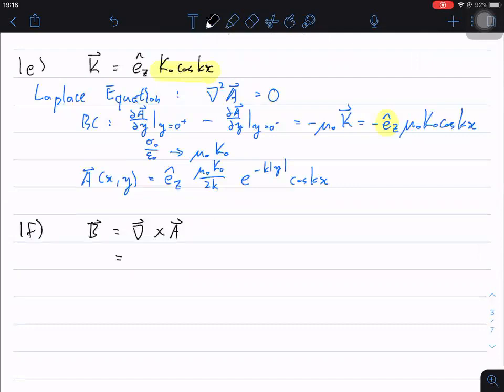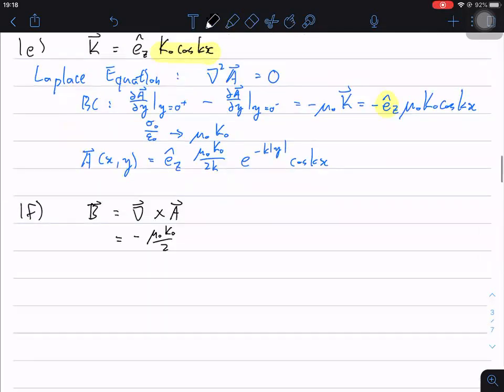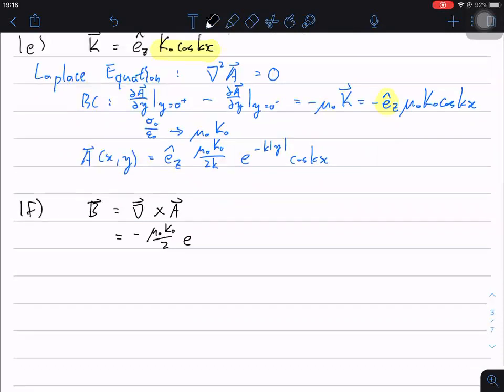So I assume you know how to perform the calculation of taking the curl. Here I just write down the answer for you, and you all should be able to do it yourself. Okay, so that's the solution of 1F.